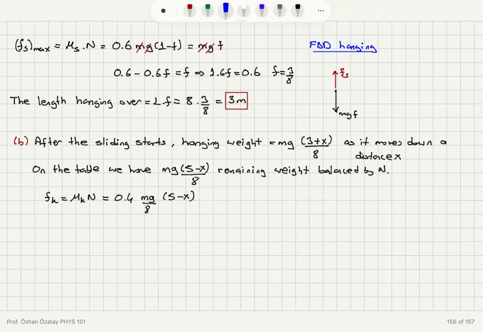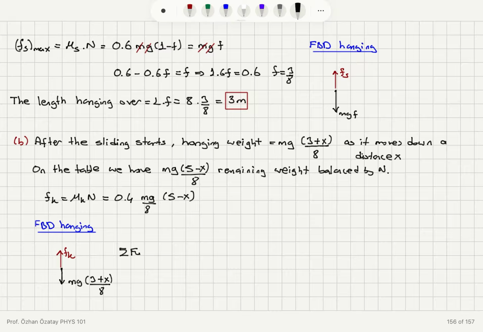Okay, so let's take a look at the free body diagram for the hanging portion again. It's going to be mg (3 plus x)/8, which is counteracted by kinetic friction, and it's moving down.